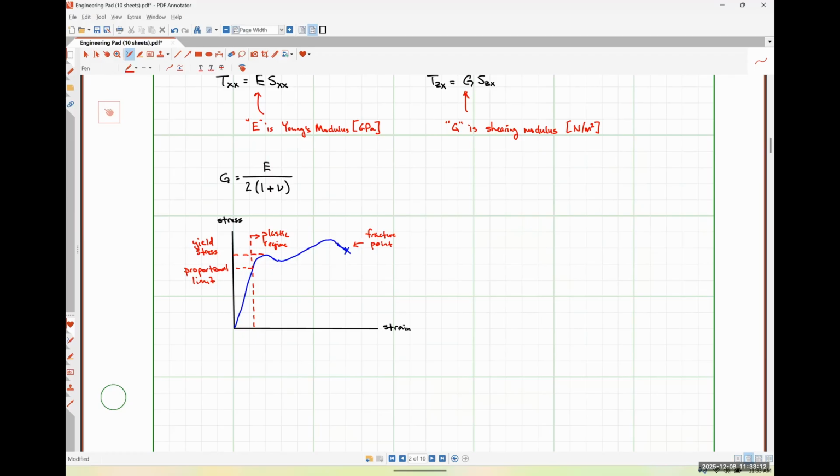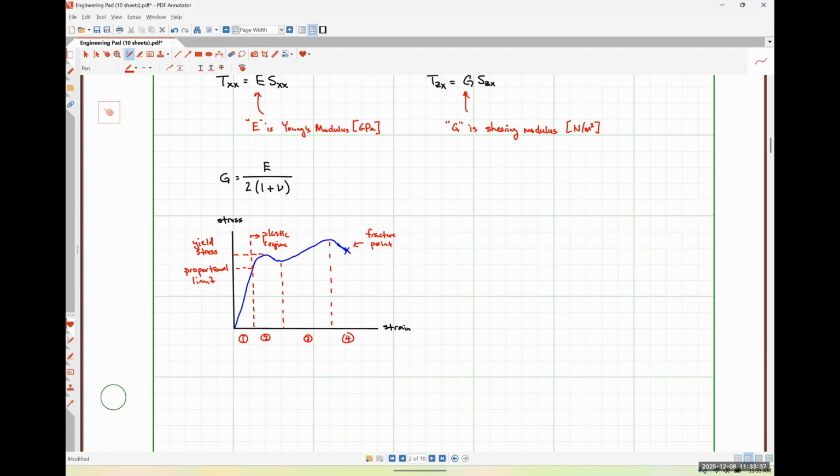So let's denote these things here. This is going to be region 1. I'm going to talk about it here in a moment. This is going to be region 2. Up to this point is going to be region 3. And lastly, over here on the other side of region 3, we have region 4.